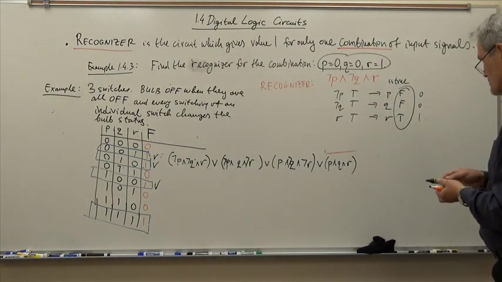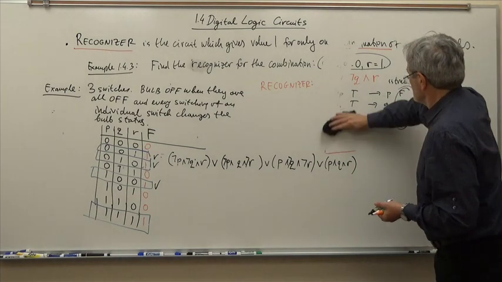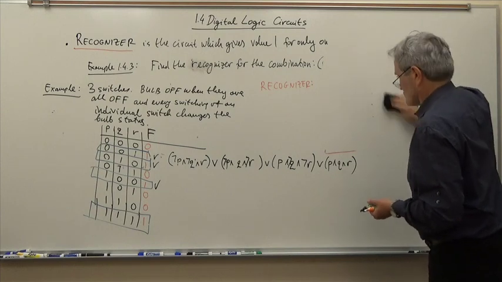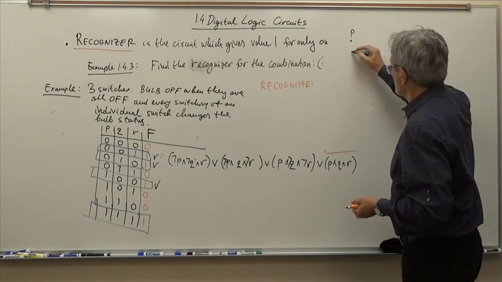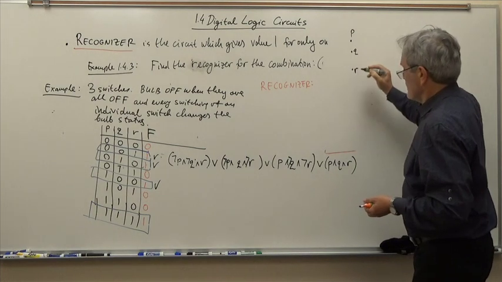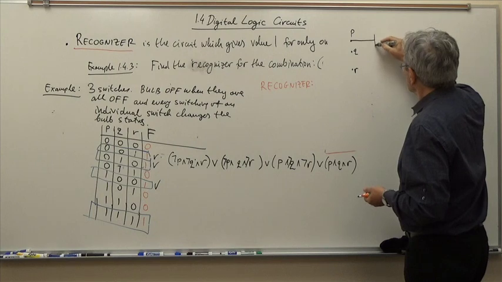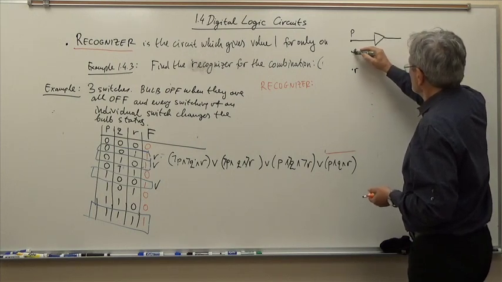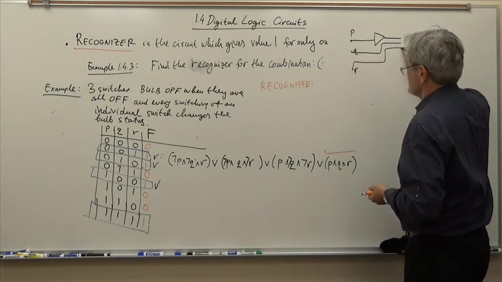And then if you want to draw the circuit, that should not be complicated. Let me just make a little space here so that we can draw a decent circuit. So generally, we'll take P, Q, and R. The first one will have an inverter on P. Then Q will go directly, and R will go directly.